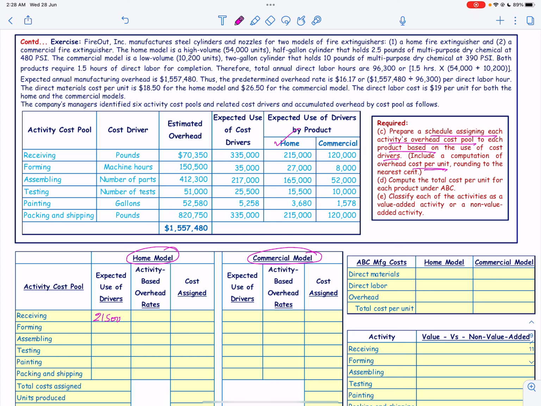215,000, 27,000 for forming, 165,000, then 15,500 and 3,680, and the total obviously is 215,000.